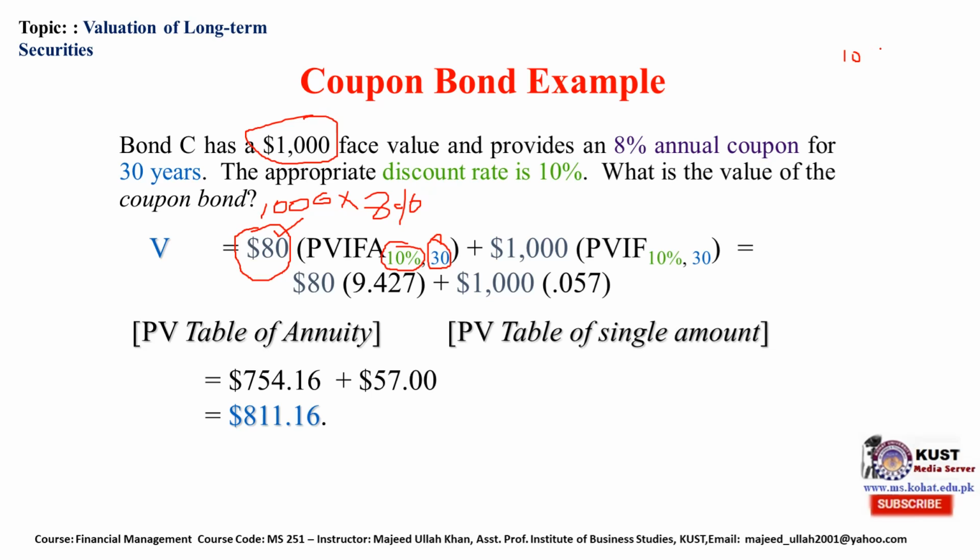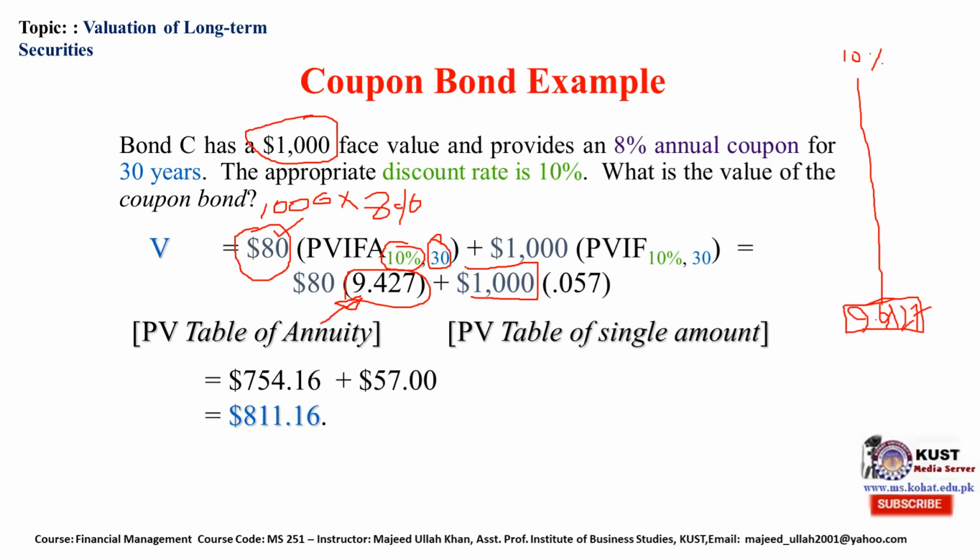In the annuity table, we will see below in this column, in front of 30 years, which value is placed here. That value is 9.427. We will pick this value and put it in this formula: 80 multiplied by 9.427.